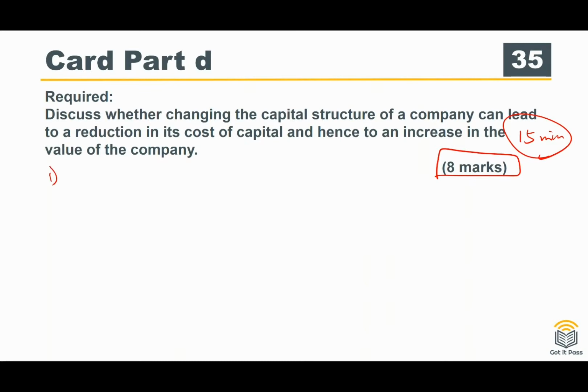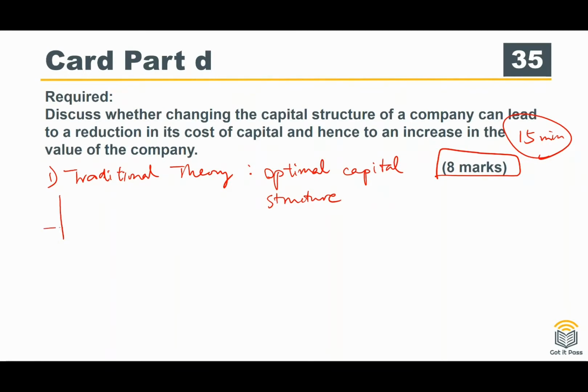First of all is the traditional theory. So a traditional view. The traditional view means you have an optimal capital structure. Okay. So remember, we have a chart showing you, for example, here is the WACC, the weighted average cost of capital.